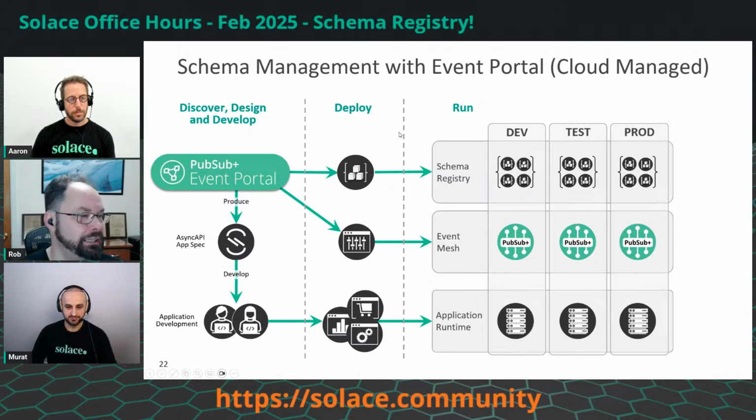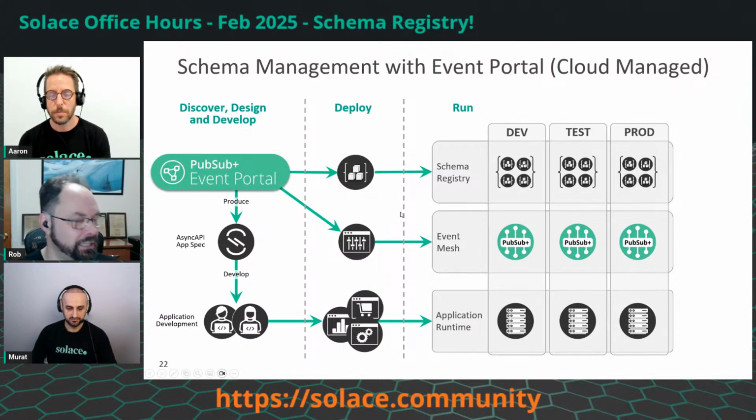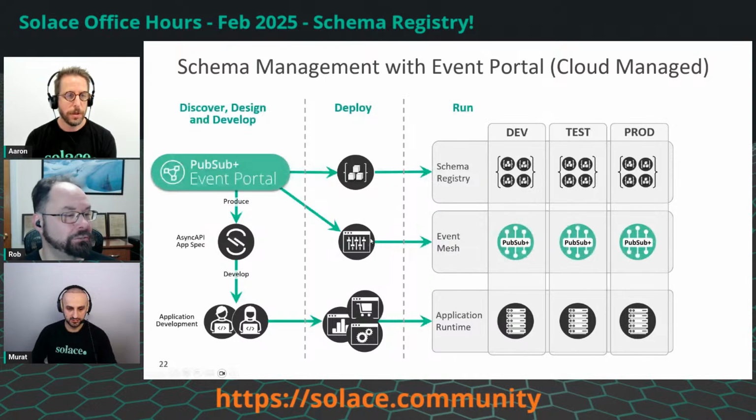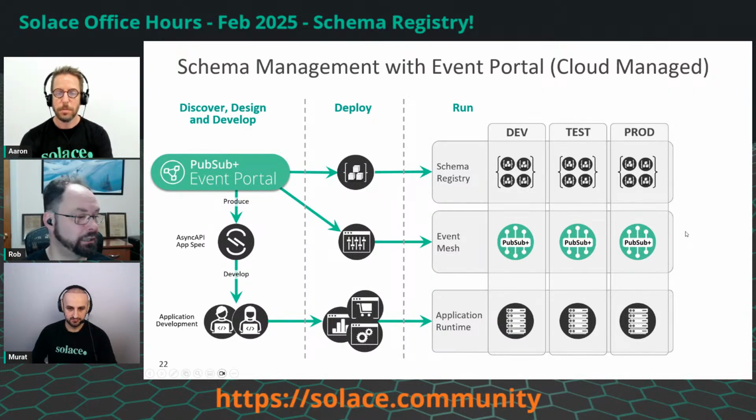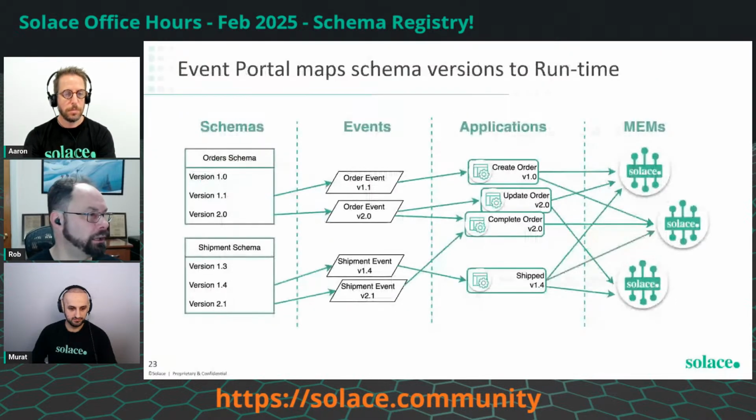You approve it all, and then it gets pushed out to your schema registries in your various different environments at the same time as you're pushing the configuration for each of your PubSub+ brokers out into the event mesh, and you've got your application runtime, what's being pushed by the application teams into the various different environments for their applications. So all coordinated through Event Portal.